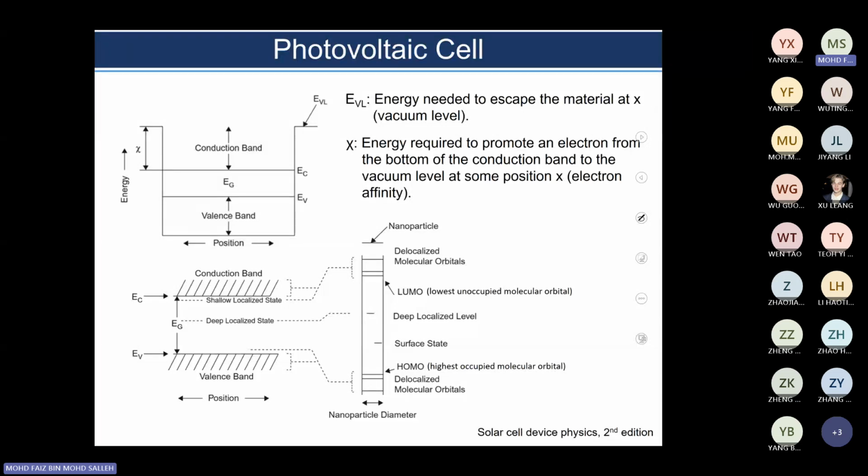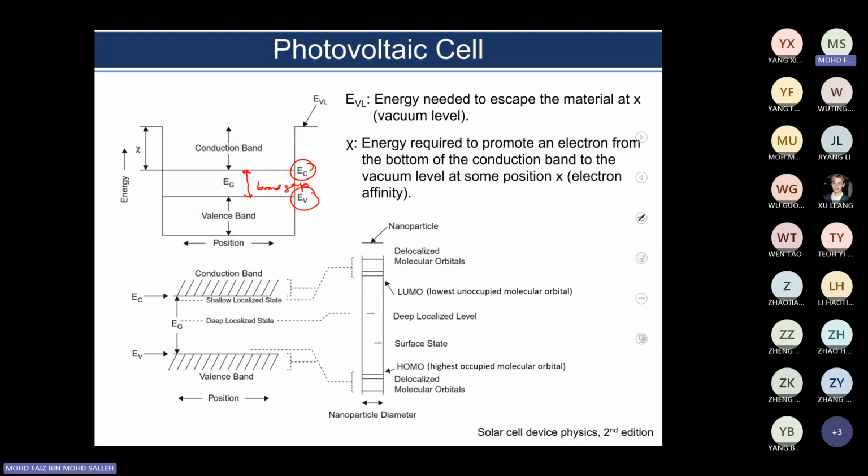Okay, first, let's look at the band diagram. Let's recall a little bit. I have shown you the EC and EV, and we know that this is the band gap.